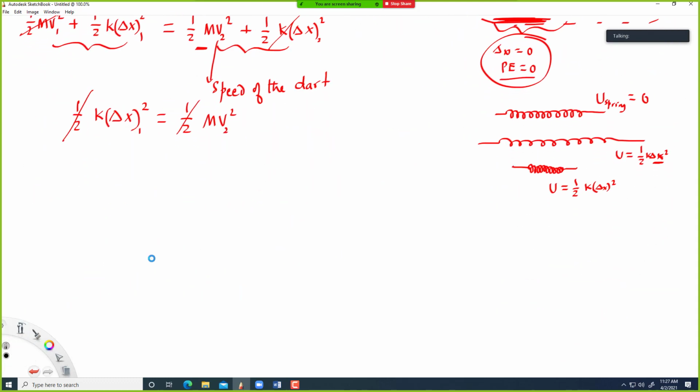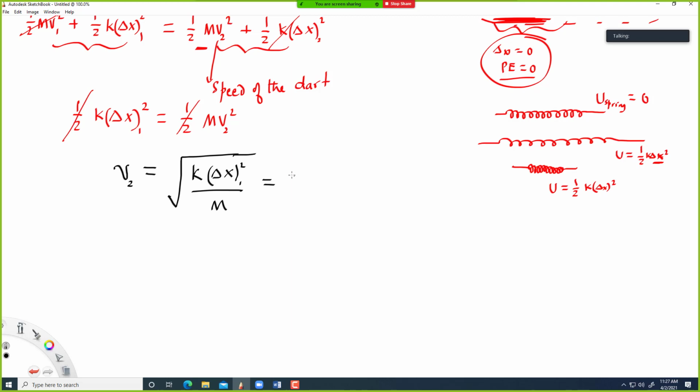So, what did you get? v2 is equal to the square root of k delta x squared over m. Okay, that's good.